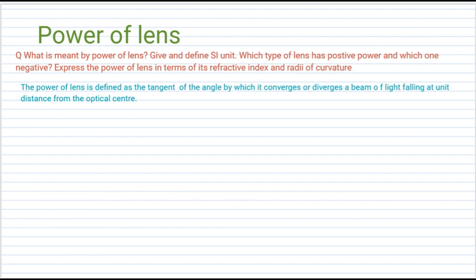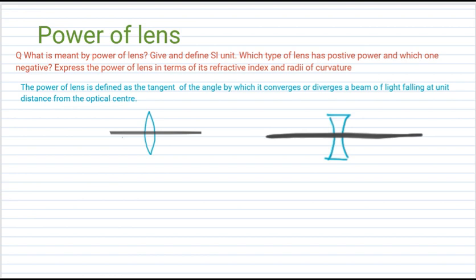Now, as we have already discussed, the power of lens is defined as the tangent of the angle by which it converges or diverges a beam of light falling at a unit distance from the optical center. Okay, so let us again consider your convex lens. Suppose this is the incident light. After refraction, it passes through this point.